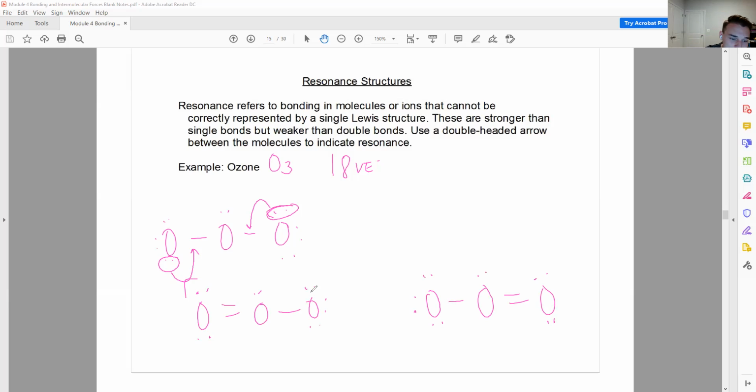With resonance structure, you put it in brackets, and then you just do a double-sided arrow. That shows that both structures are technically correct because you can have the double bond in between either oxygen. And that makes a resonance structure. You got to show both.